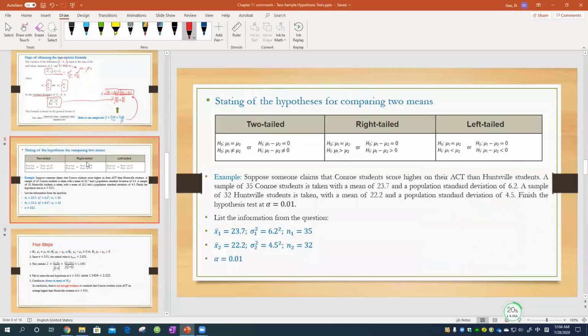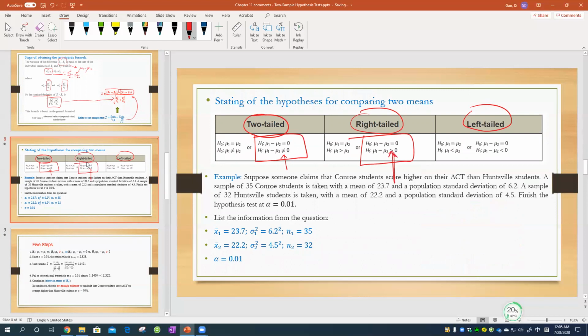Now let's state the hypothesis. How many ways do we have for the alternative hypothesis when comparing two means? We again have three cases: two-tailed, right-tailed, and left-tailed. For two-tailed, we have the does-not-equal sign. For right-tailed, we have more than.